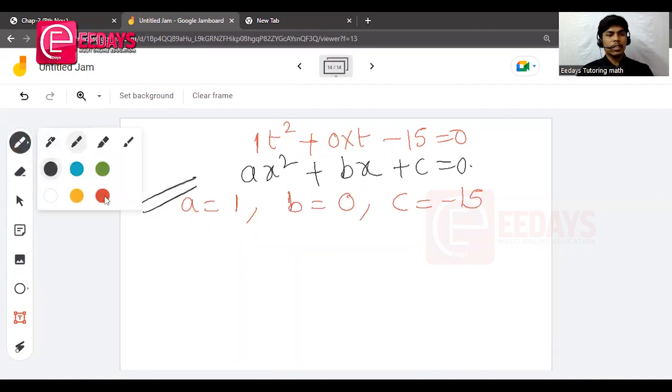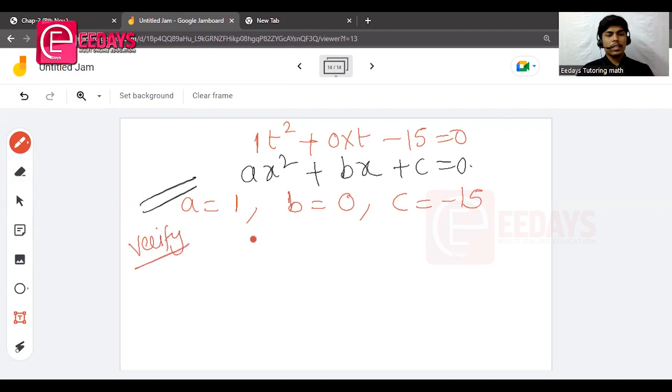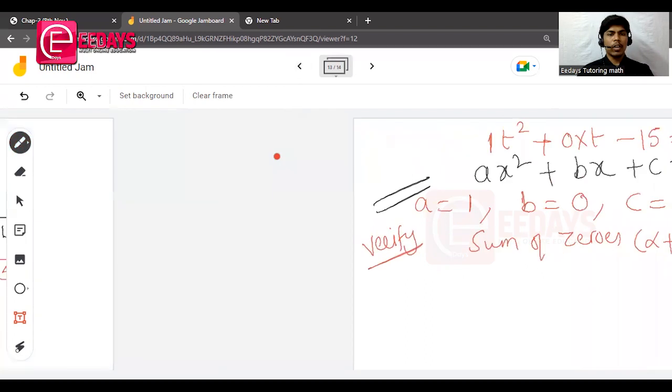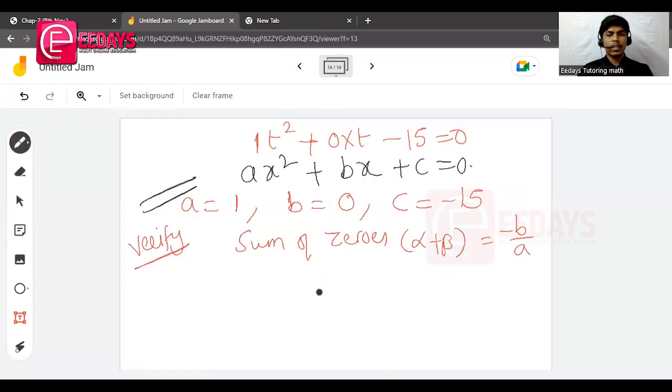Now we already got the zeros and also a, b, c. So let's do the verification part. Sum of zeros, that is alpha plus beta is equal to minus b by a. Alpha and beta are root 15 and minus root 15.